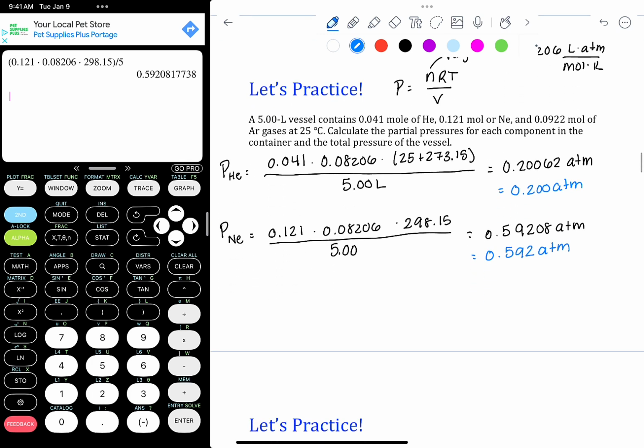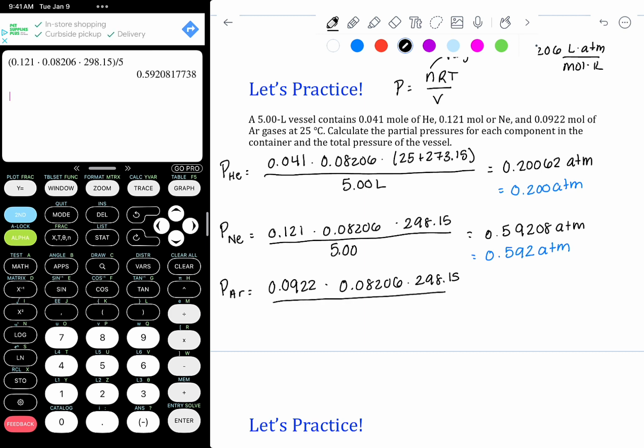And our last one is argon gas. So the pressure of argon is equal to the mole value, which is 0.0922, times everything's the same. So we get 0.0922 times 0.08206 times 298.15 divided by 5 for the volume.